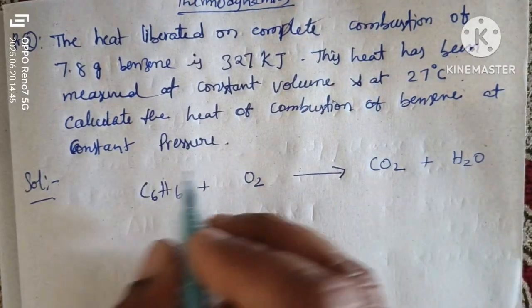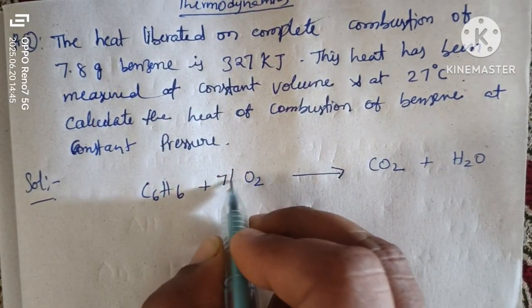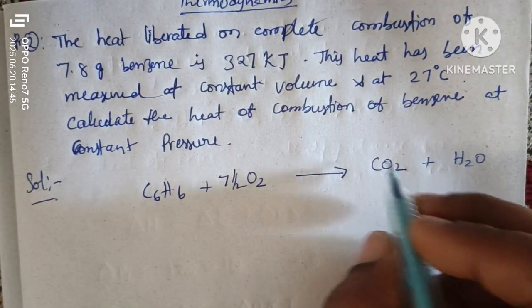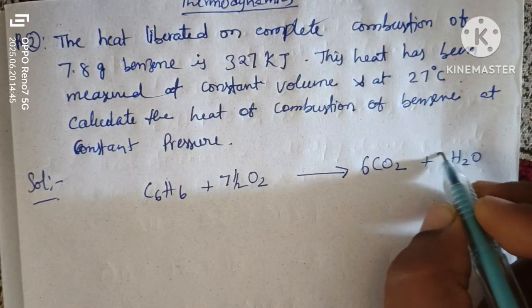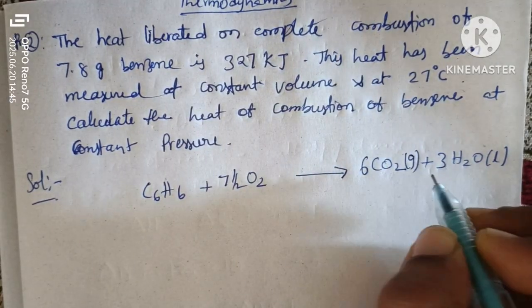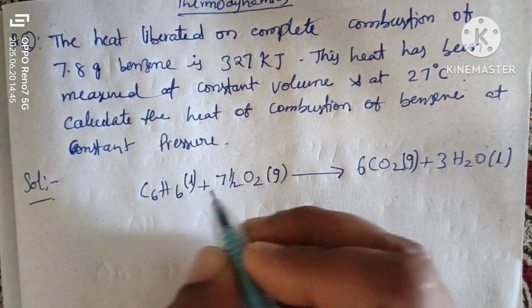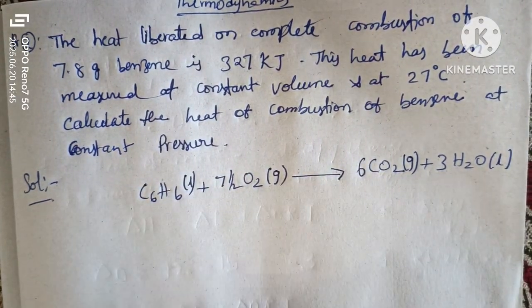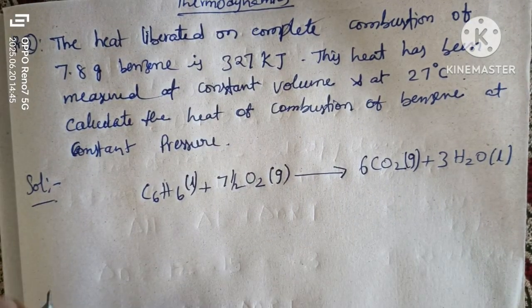So by balancing this equation, we'll get almost 7.5 O2, 6 CO2 and 3 H2O. So this is liquid, this is gaseous, this is also gas, and this is liquid. So this is the chemical reaction for this problem.